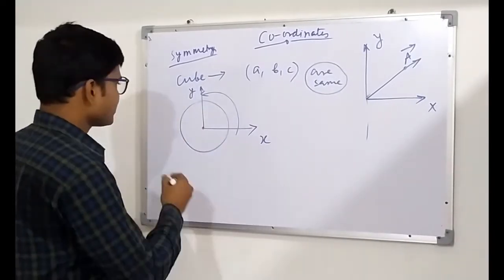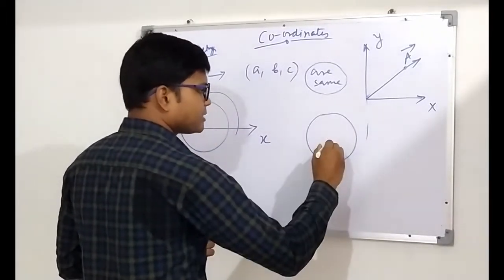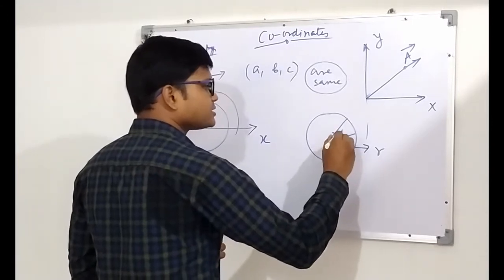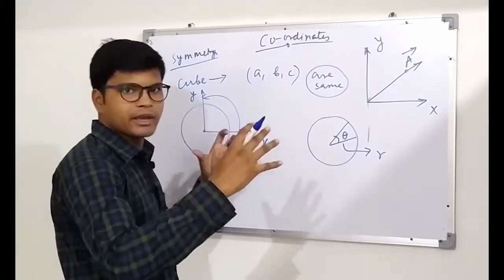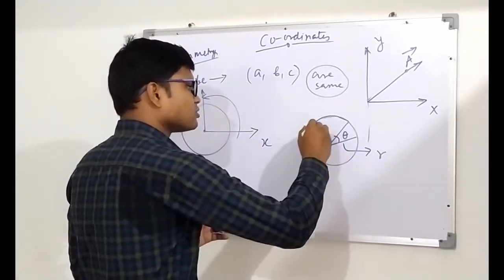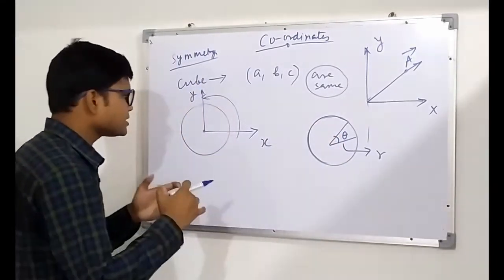This way we can have two things, because the representation of a circle has a radius and also how much angle it is moving. Radius means how big it is, whether it is growing or not, and the angle is moving: theta is increasing or theta is decreasing.